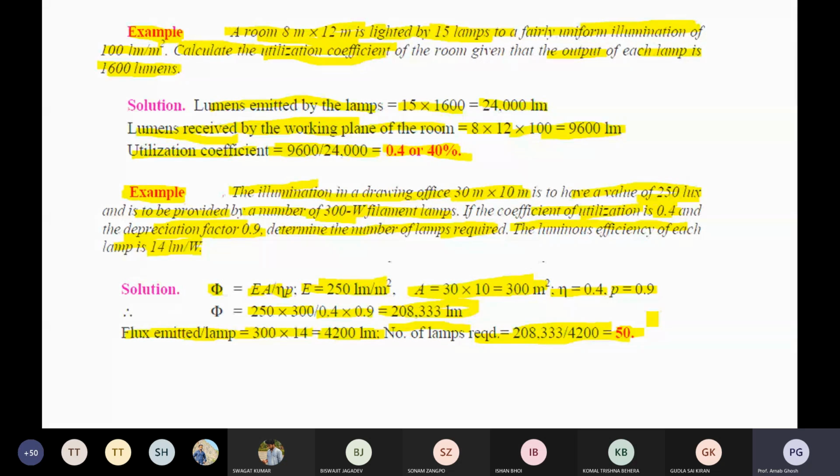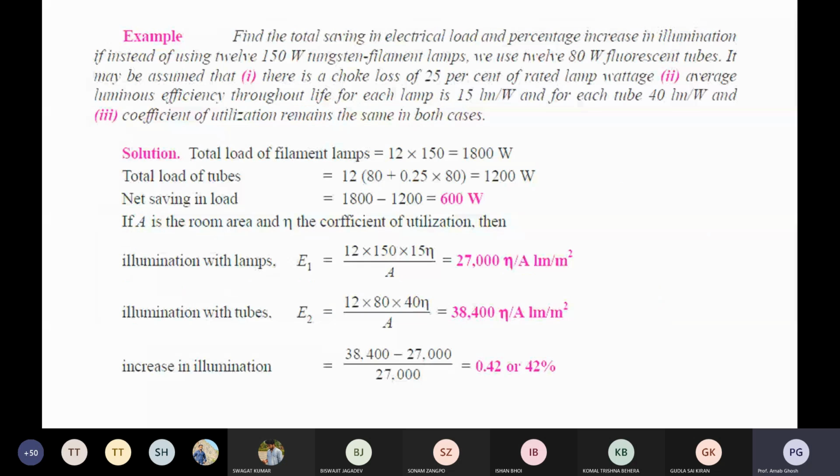Assume that the choke loss is 25% of the rated lamp wattage. The average luminous efficiency throughout the life is 15 lumen per watt for each lamp and 40 lumen per watt for each tube, and the coefficient of utilization remains the same in both cases. That you have to calculate.